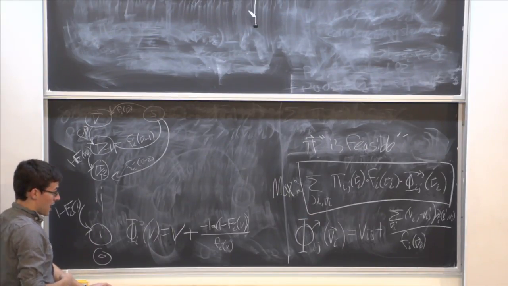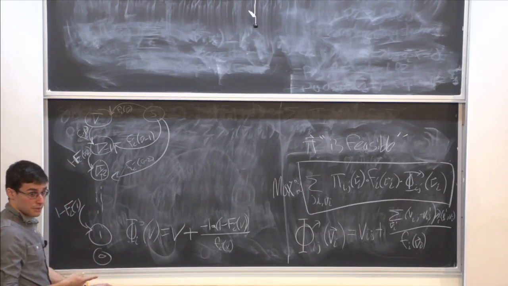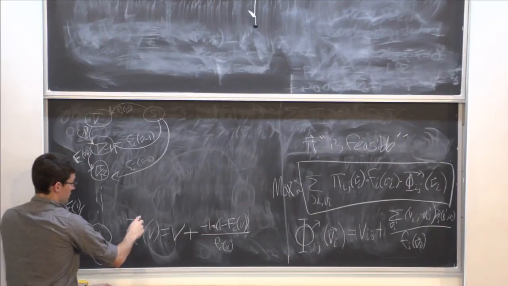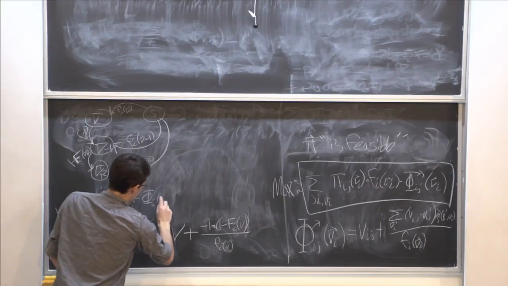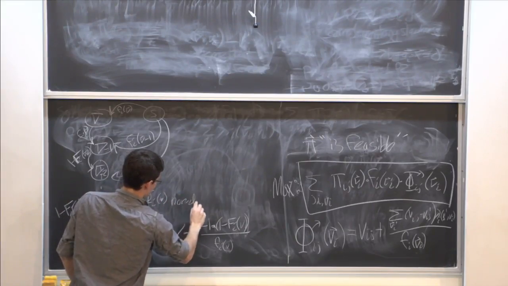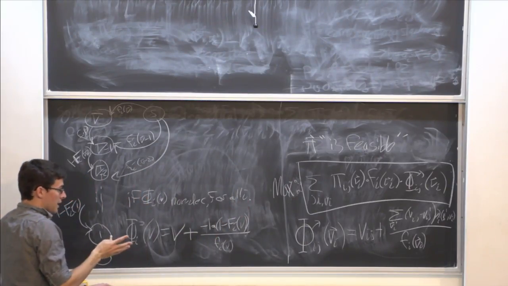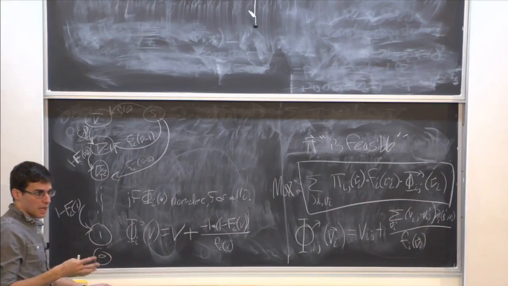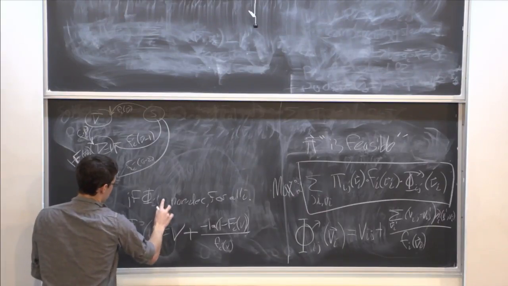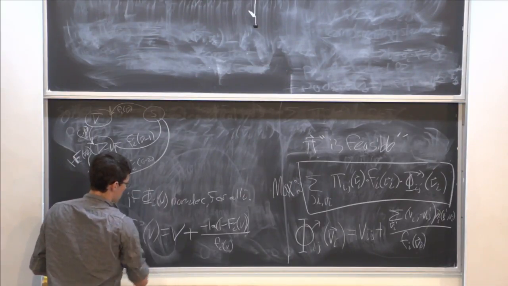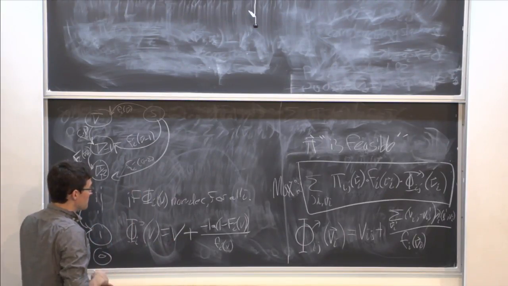If it happens to be the case that for every bidder, this is a monotone non-decreasing function, so phi_i is non-decreasing in v for all i, then I claim that there is a simple mechanism that satisfies complementary slackness.